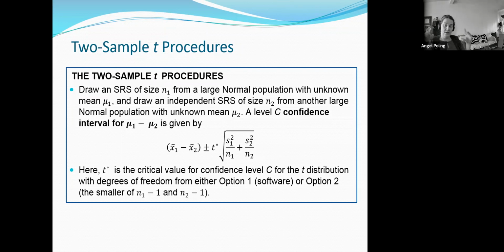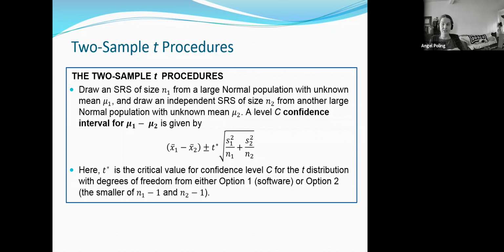So in the parentheses we have x bar 1 minus x bar 2, that quantity plus or minus the critical t value for the confidence level that we're given, times this work of art, right? The square root of the quantity S1 squared divided by n1 plus S2 squared divided by n2.